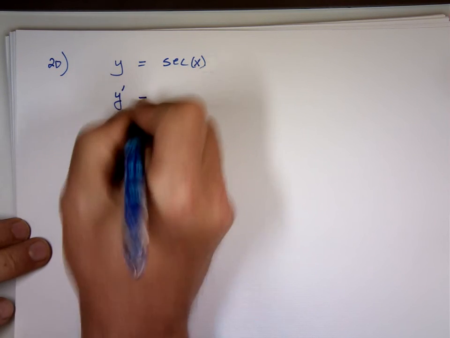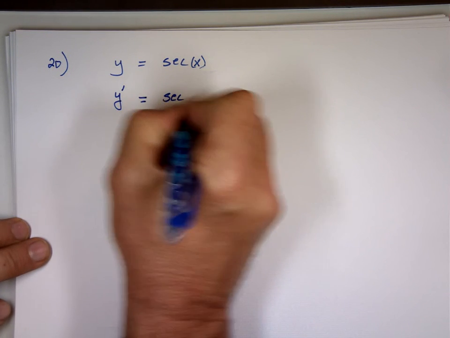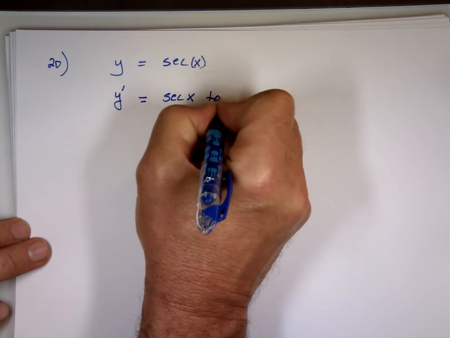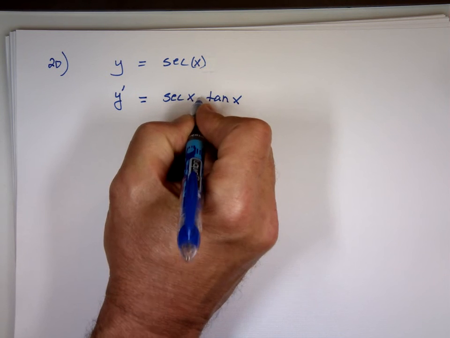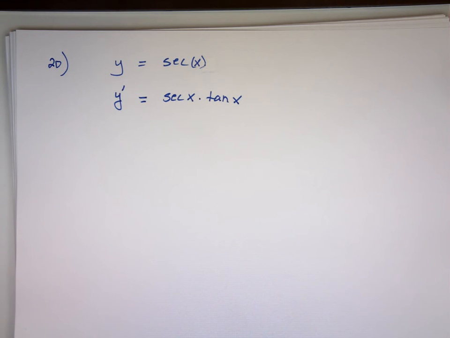Isn't that secant tangent? Now I'm going to take the derivative of this. You have multiplication, that's secant x times tangent x. So we have to use what method? The product rule.